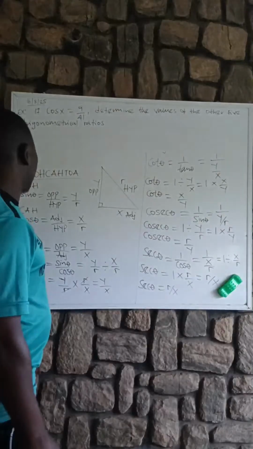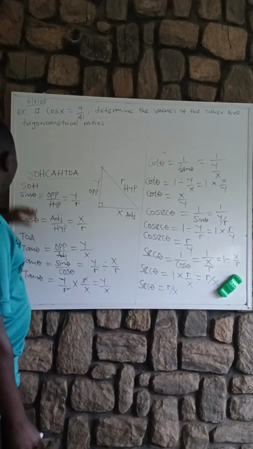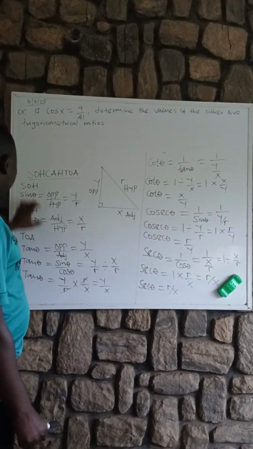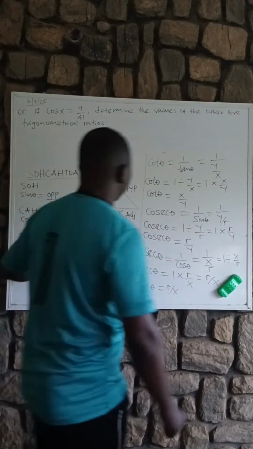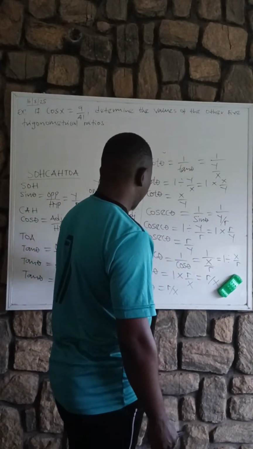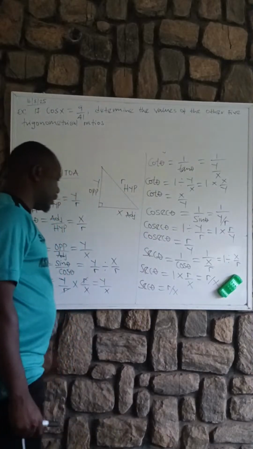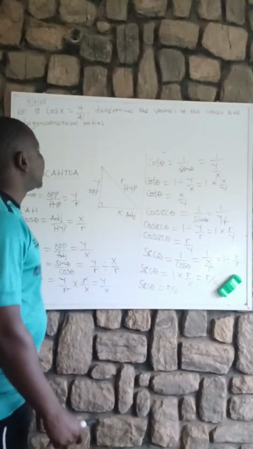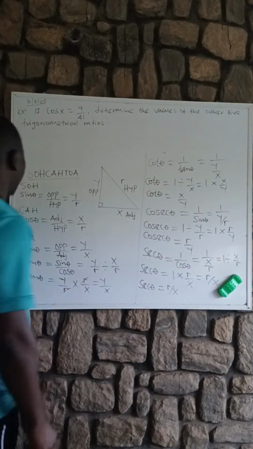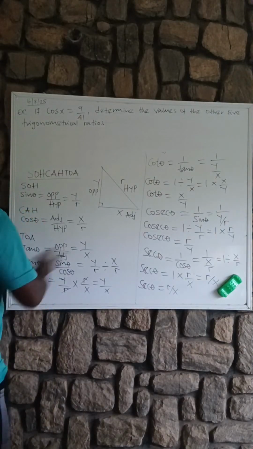It means your cos has been given, so we find sin, tan, cot, cosec, and sec theta. That is what they are telling us to find. It's simple as ABC. So let's look at it together.